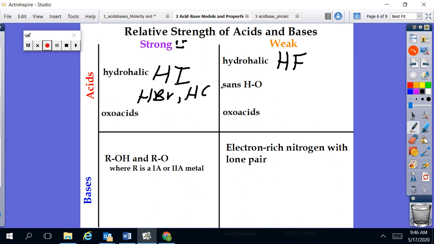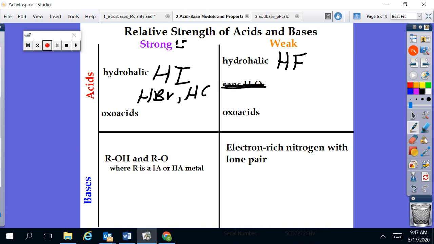Now we're going to skip the sans HO. Oxoacids are really called the polyatomic acids. And you can measure them by looking at the oxygen-hydrogen ratio.